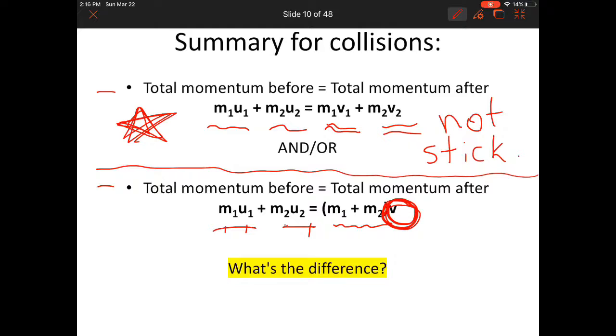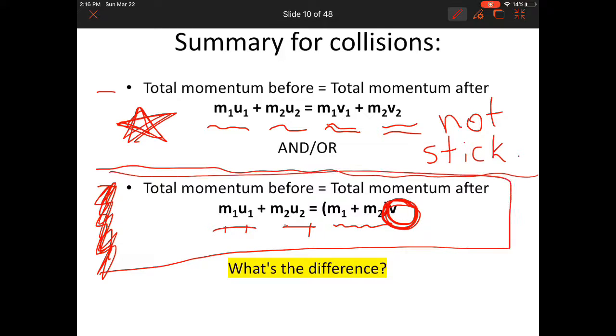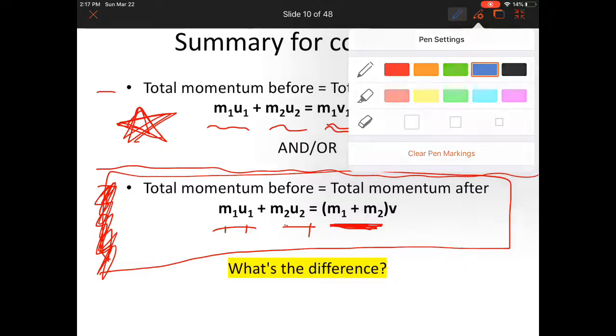So technically, this one here is additional. This isn't something that you would actually need to memorize. You don't need this one, but it's convenient sometimes to remember that when they stick together, you're just adding the masses and you have some unknown velocity, if that's what the question is asking.